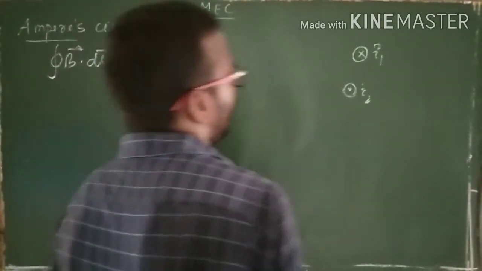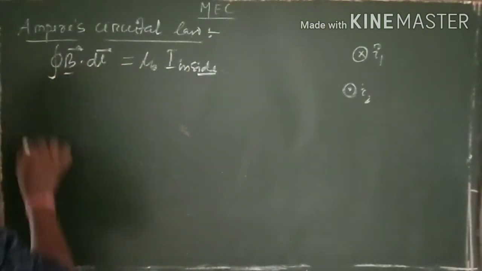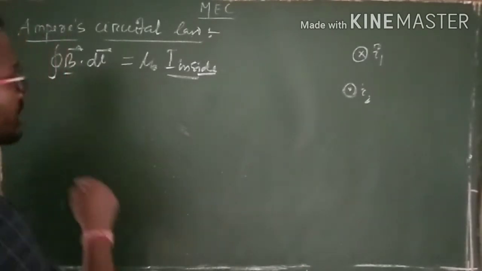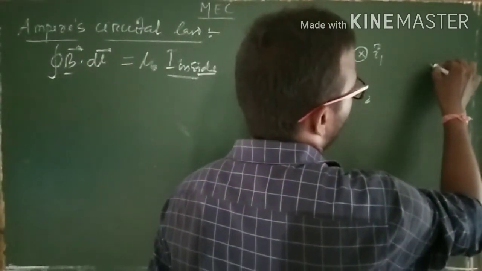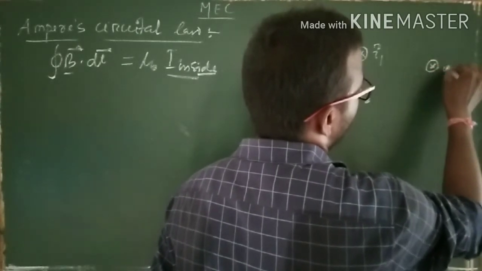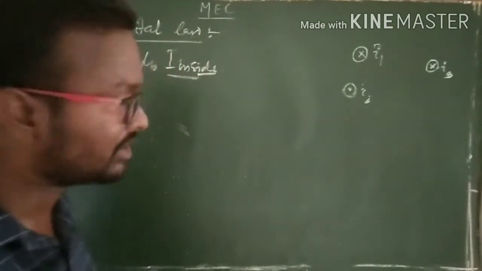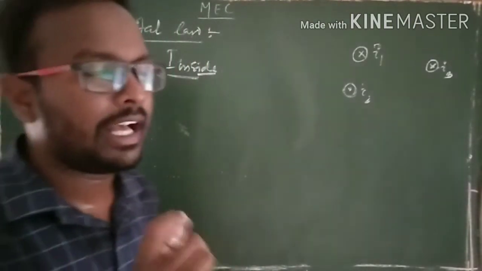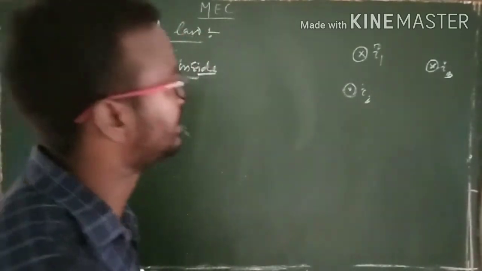Now first we have to find what is B and what is I inside. Suppose there is another current flowing in the inward direction, which we represent as I3. But this law is only applicable for a closed path, so we first have to make a closed path.